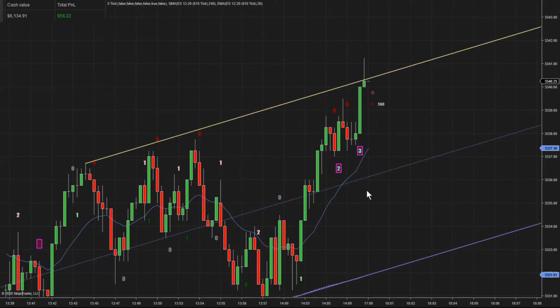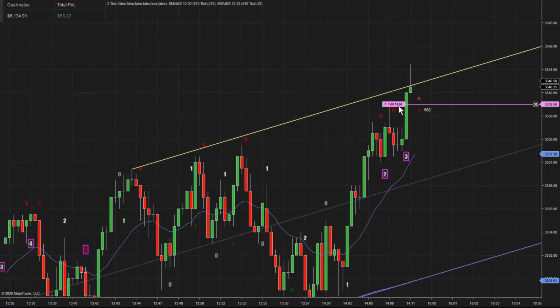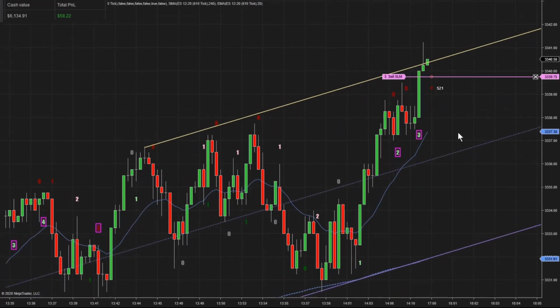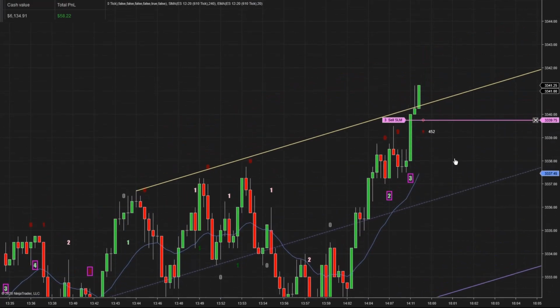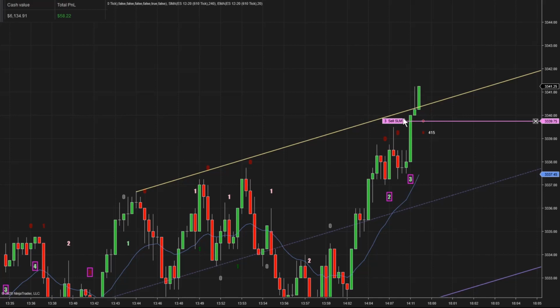Pretty good signal bar here. Double top. If it pokes over by 1 tick, I'm out, no longer interested. Double top is good.